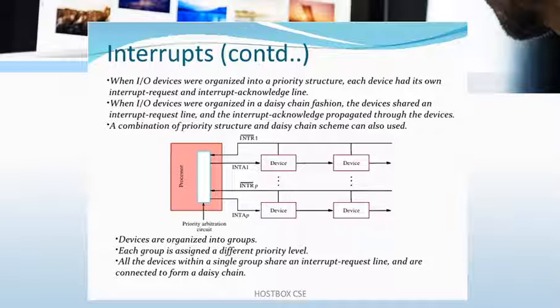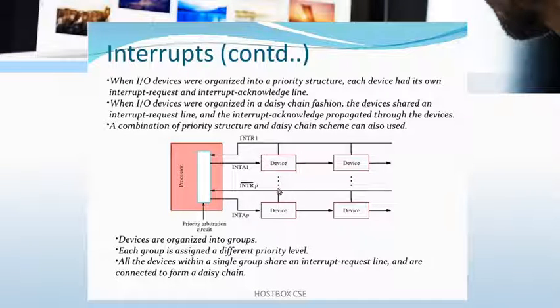Way one is disabling interrupts. Activate one device and the remaining should be disabled, and once device 1 completes its work, disable device 1 and give priority to device 2, then device 3 and device 4, and the rest like that. Way two is the priority scheme: based on the priority, we can give high or low priority and assign the work.